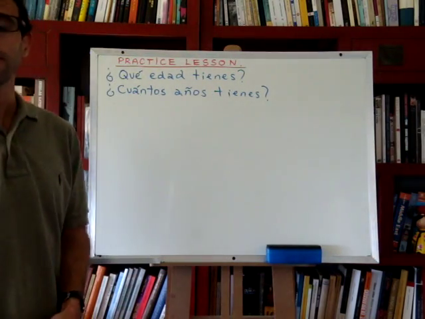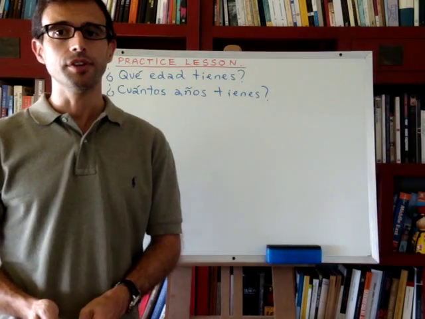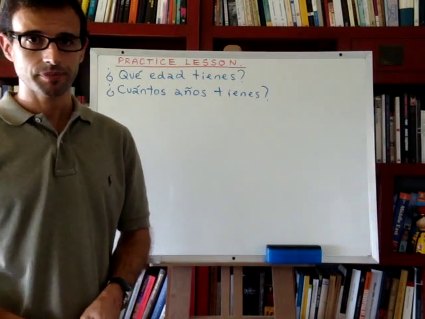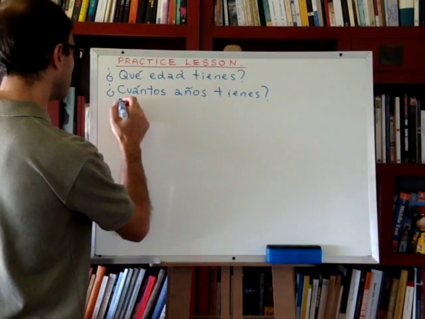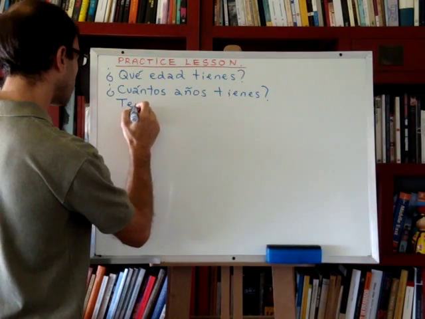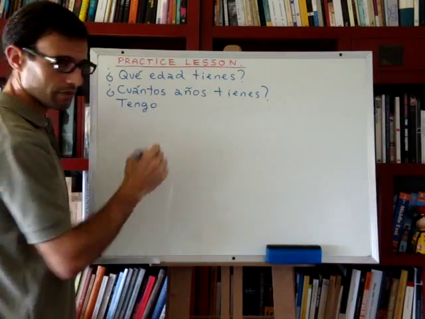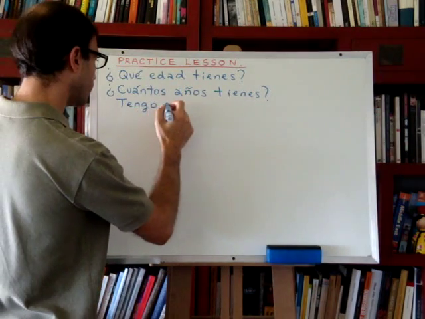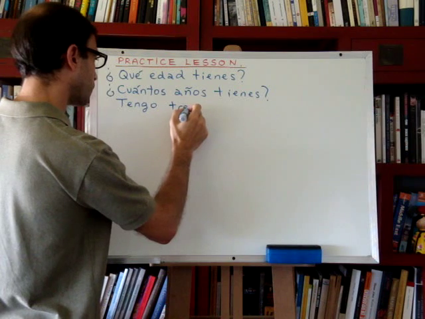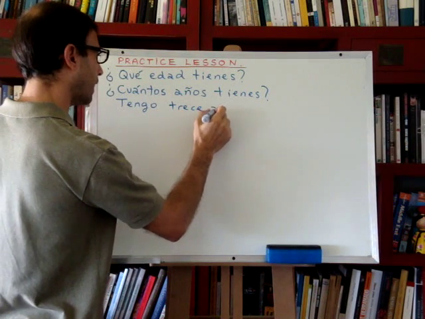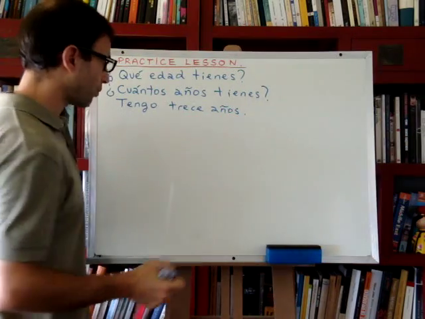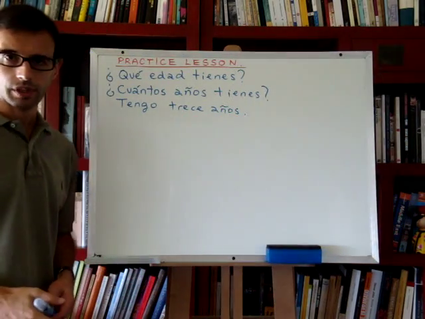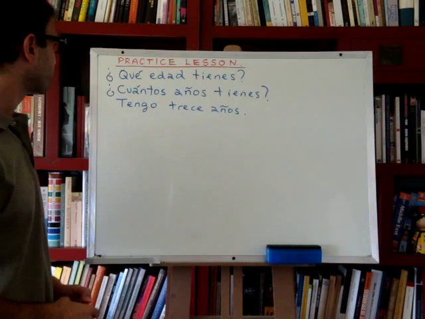So the answer can be, I am 13 years old. Tengo means I have, right? Tengo 13, which means 13 años. Okay? Tengo 13 años. I am 13 years old, right?